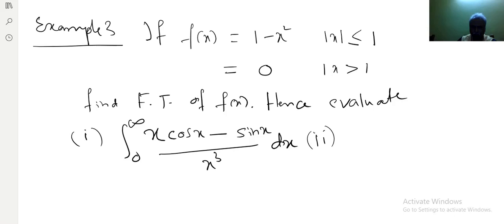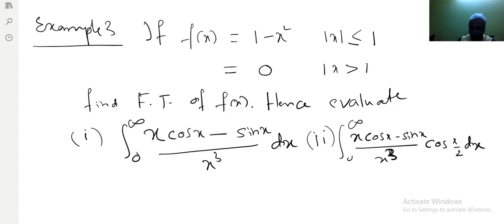One more is very similar to this, 0 to infinity, we are multiplying by one more cos function, x cos x minus sin x divided by x cube, just like the previous case, into cos of x by 2. Such a big integration value very easily we can find using the Fourier transform.